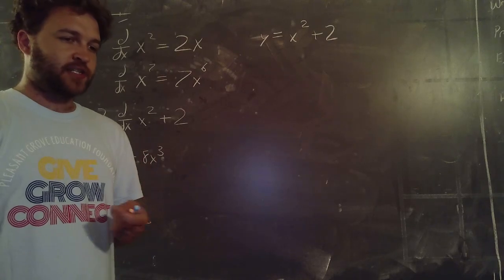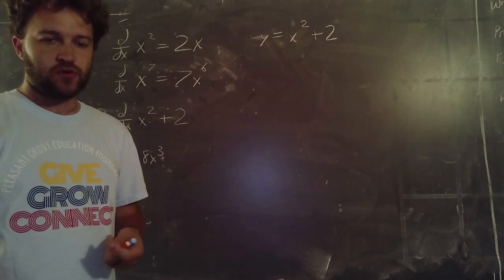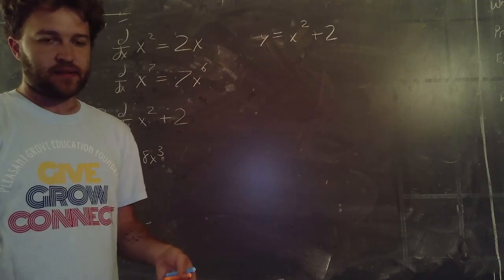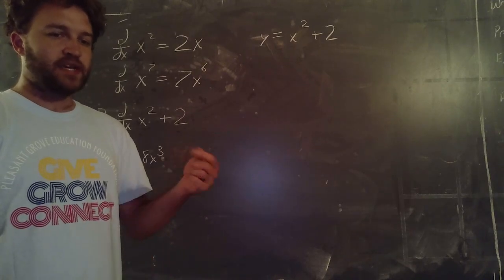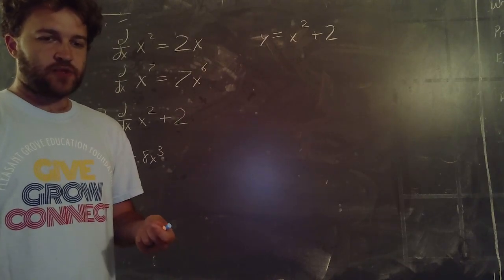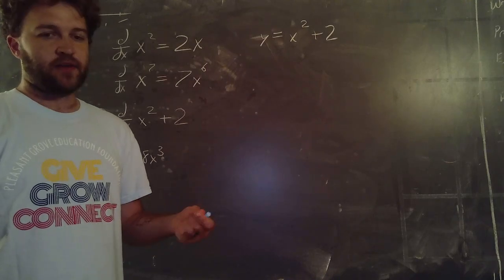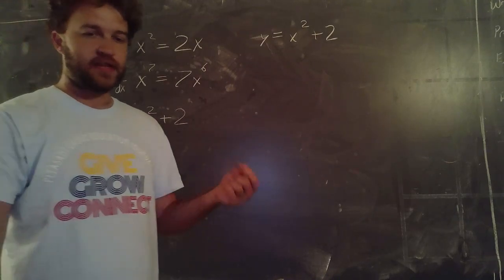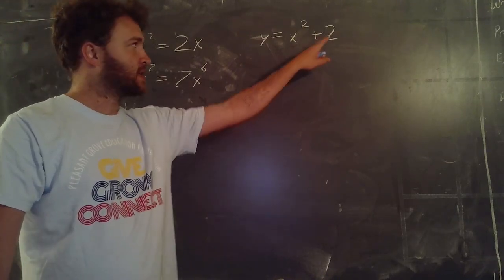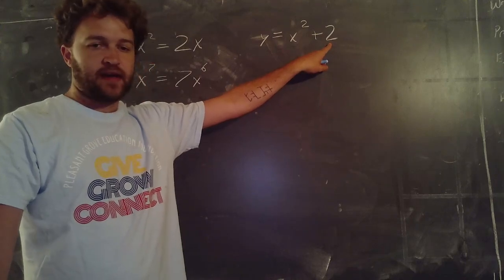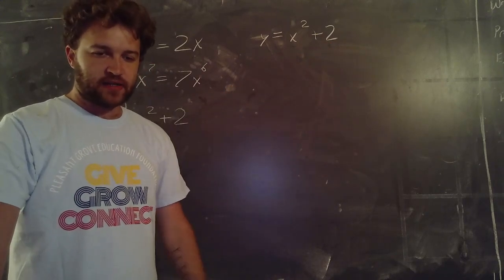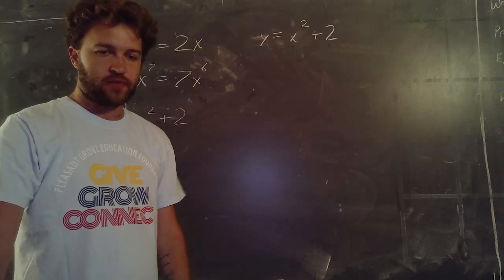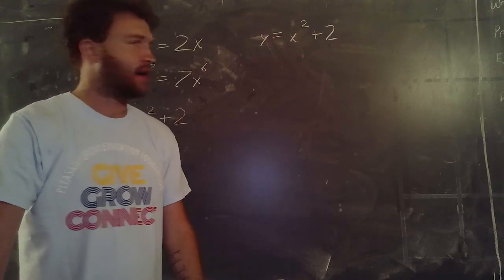It doesn't have anything to do with increasing the constant by a certain amount, because the derivative process wants dy over dx, which means we have to give the independent variable a small increase and we have to give the dependent variable a small increase, but this constant on the end does not need to be increased by anything, because it's not a variable quantity. It's exactly that, it's a constant.